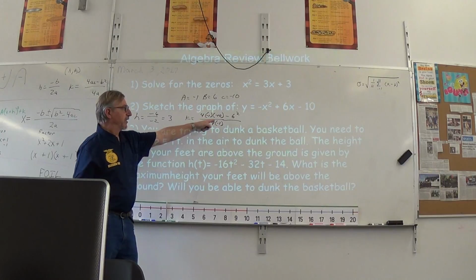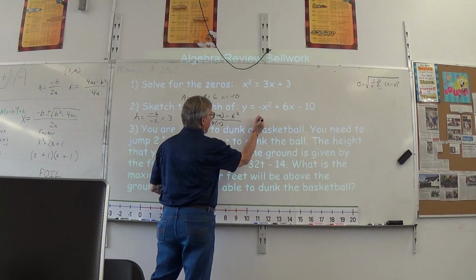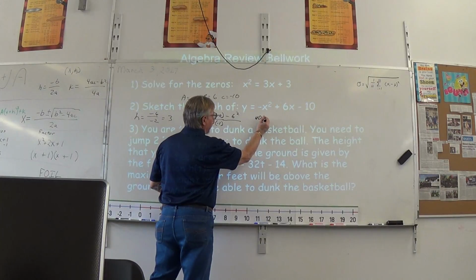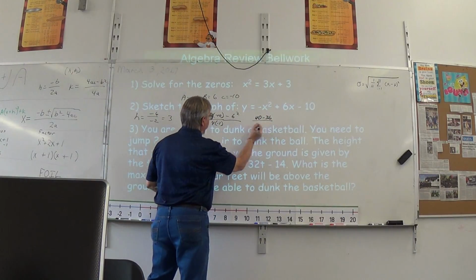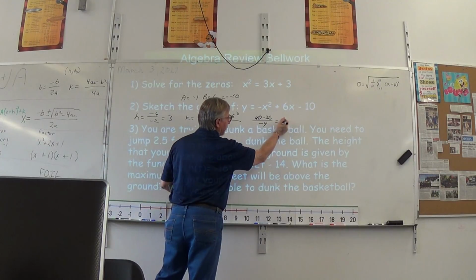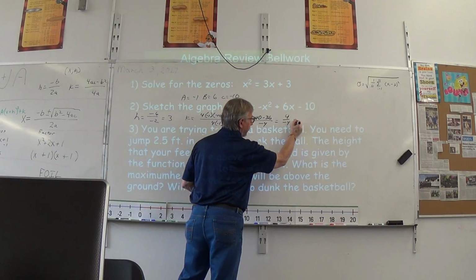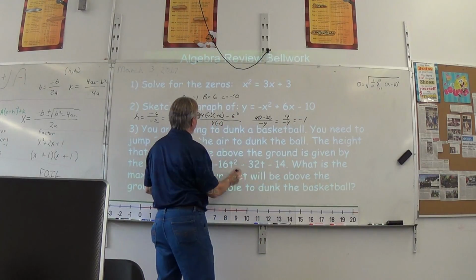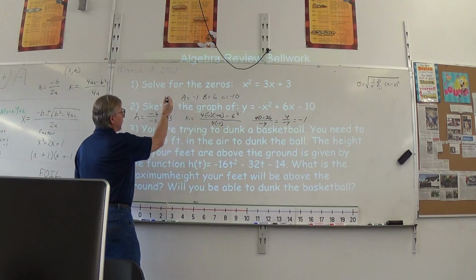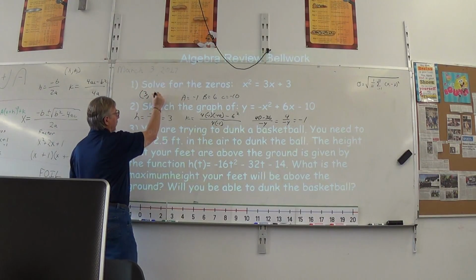Or -1 times -10 is going to make it positive, so 4 times 10 is 40 minus 36 divided by -4. 40 minus 36 is going to be 4 divided by -4, which is equal to -1. Yeah, I got it right. Okay, so I have 3, -1.